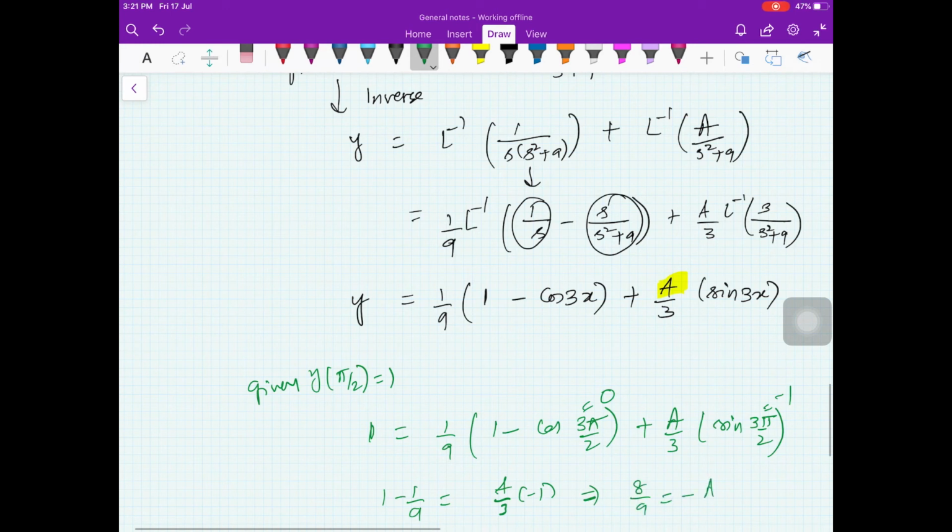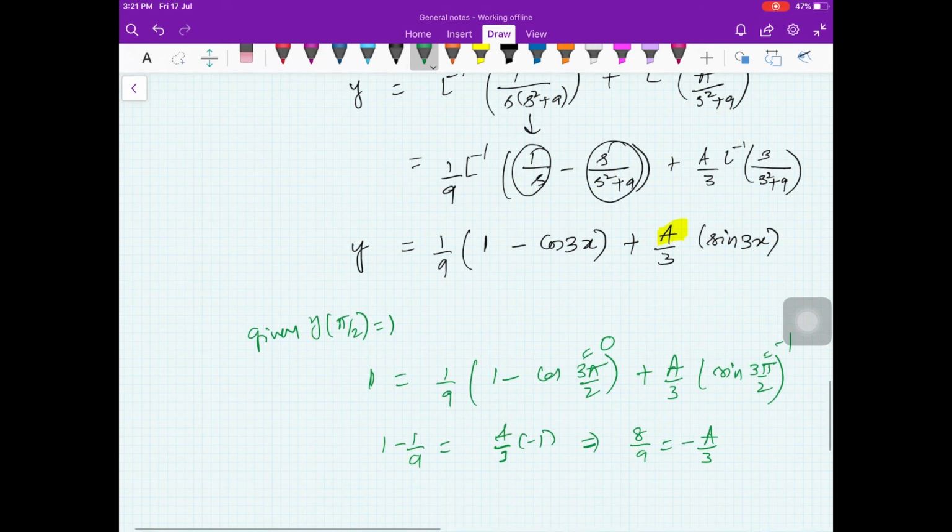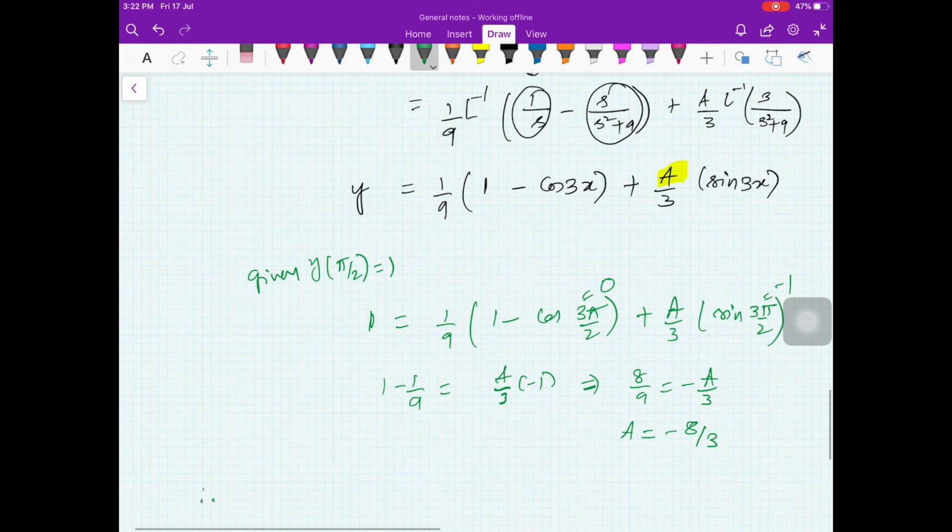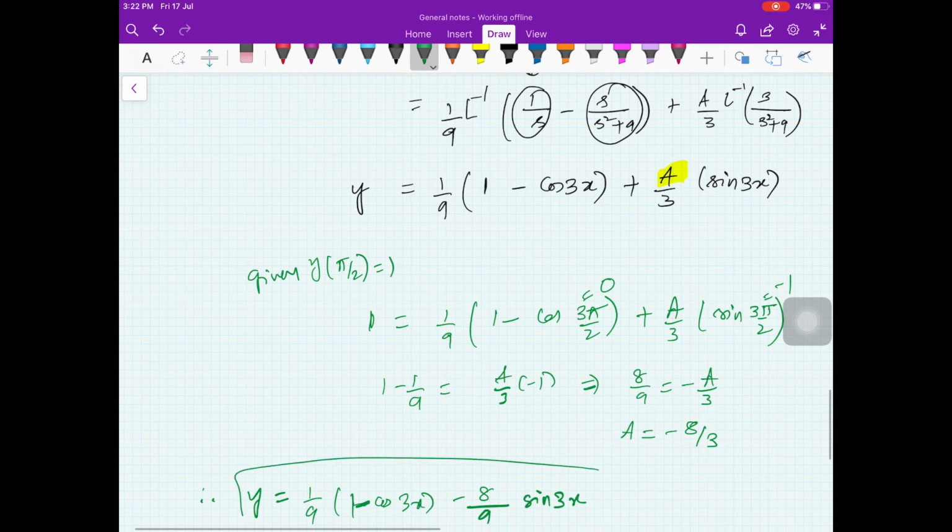This gives you 8 by 9 is equal to minus a by 3. So your a takes the value minus 8 by 3. Therefore, your solution becomes y is equal to 1 by 9, 1 minus cos 3x, minus 8 by 9 sin 3x, right?